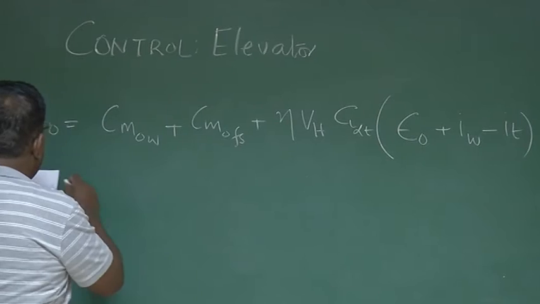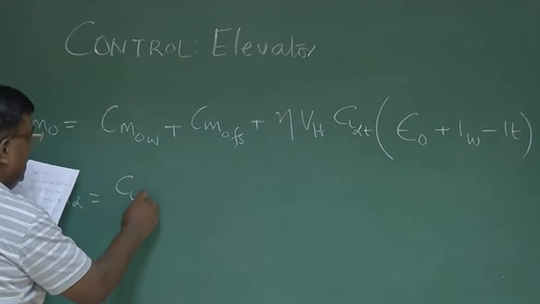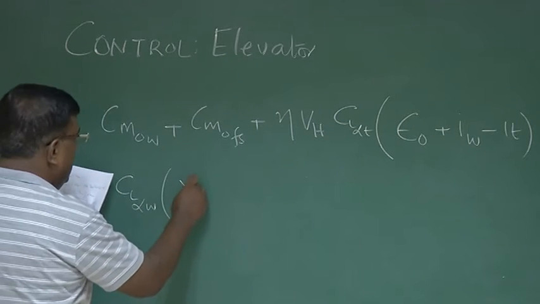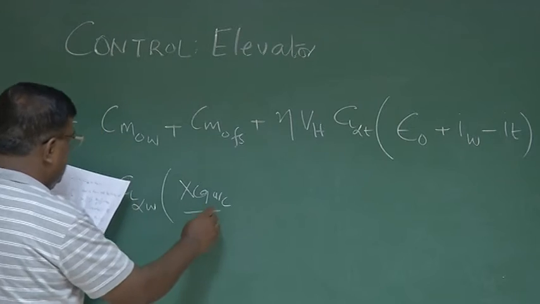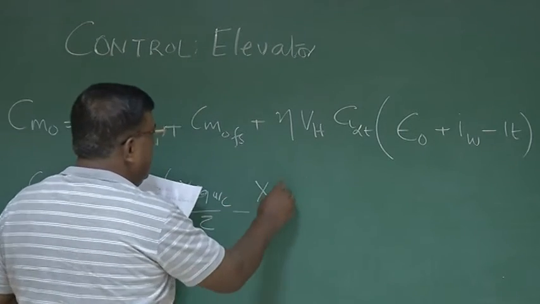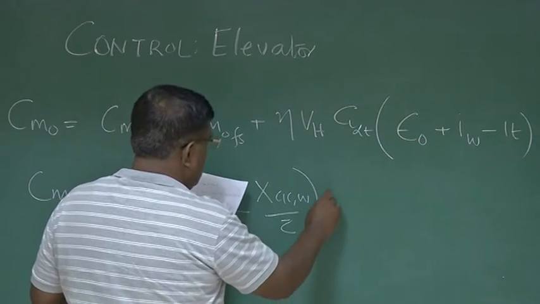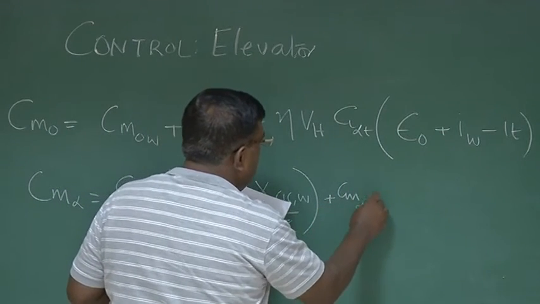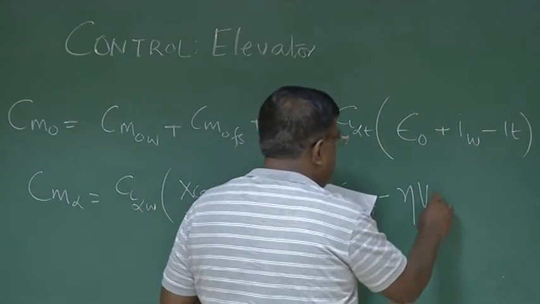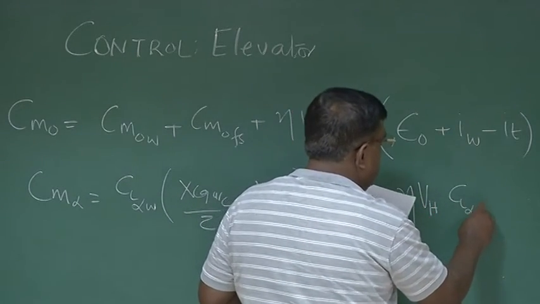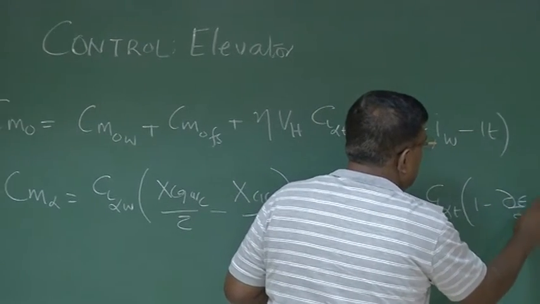And we got Cm alpha as CL alpha wing into XCG aircraft by C bar minus X AC wing by C bar, plus Cm alpha fuselage, minus eta VH CL alpha tail into 1 minus d epsilon by d alpha.